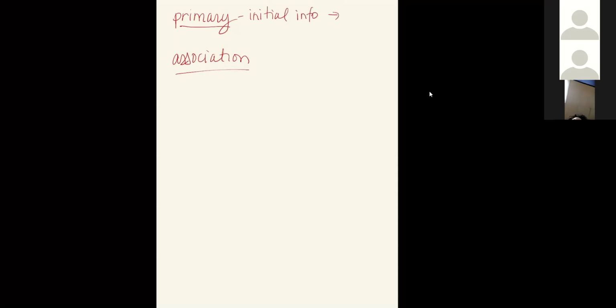Like the primary visual area would be where the information from your eyeball, when it comes in from your retina, actually goes. And then the association area is what's there to help you connect what you're seeing and interpret it.